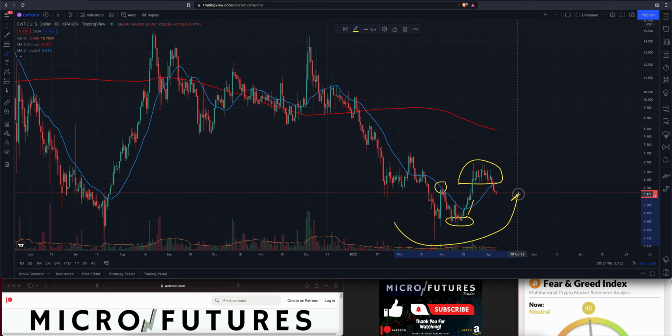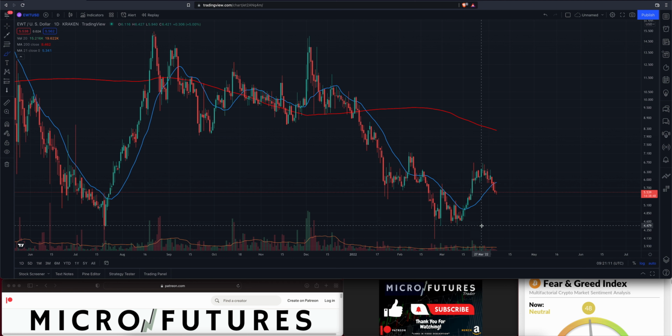Whether it holds or not, time will tell. What I mean by that is if this low gets undercut by this move, that is no longer an uptrend. The trend has been broken and potentially back into a downtrend. Now, it doesn't all happen in one move, although of course it could.